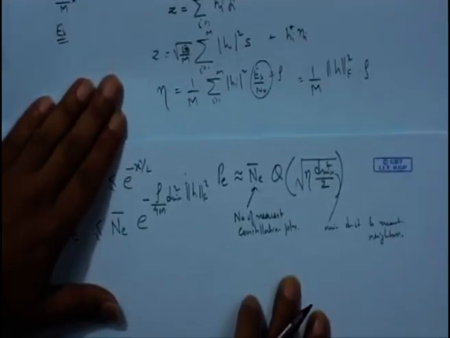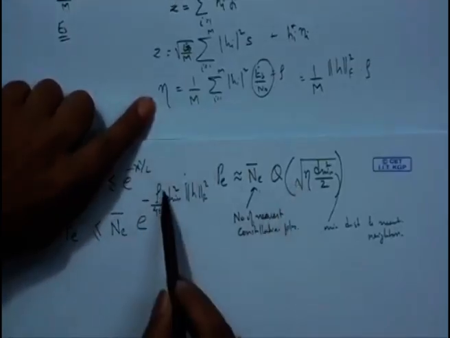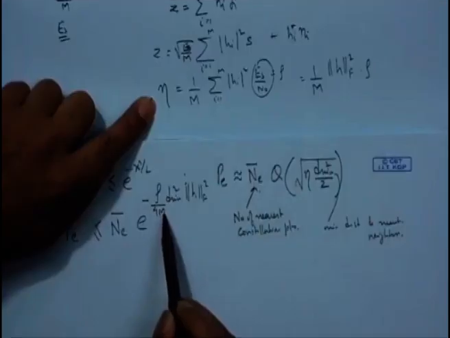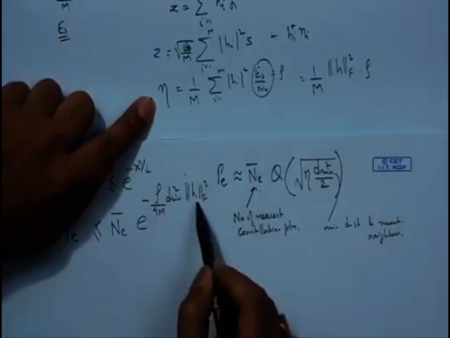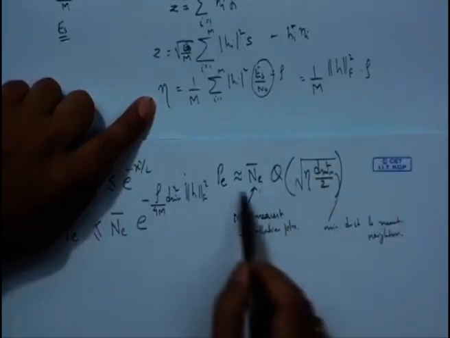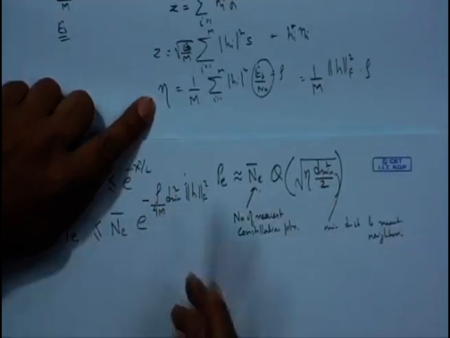Just look at it carefully. Eta, the expression that we have, is rho by m, times |hf| squared, d_min squared, and 2 multiplied by this 2 is 4. So basically rho by 4m d_min squared |hf| squared.